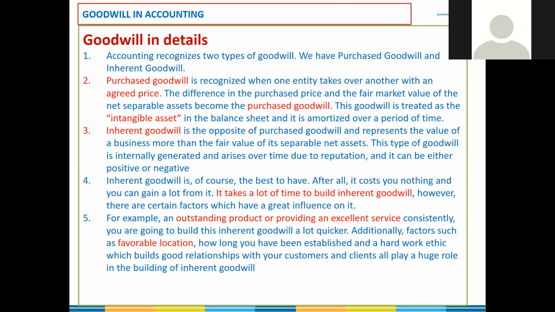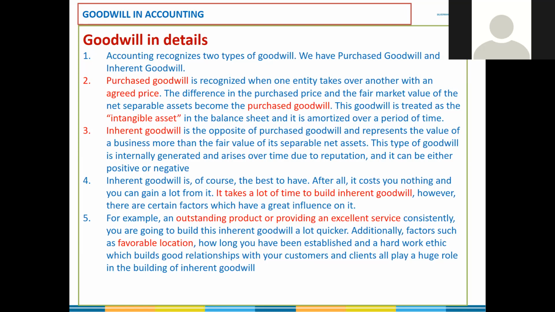Additionally, factors such as favorable location, how long you have been established, and hard work ethics, which build good relationship with your customers, clients, also play a huge role in building inherent goodwill.